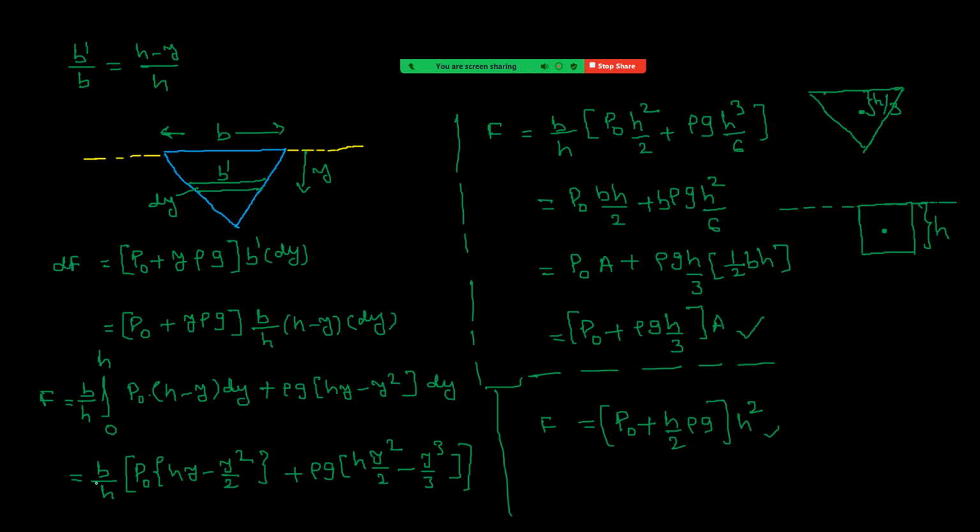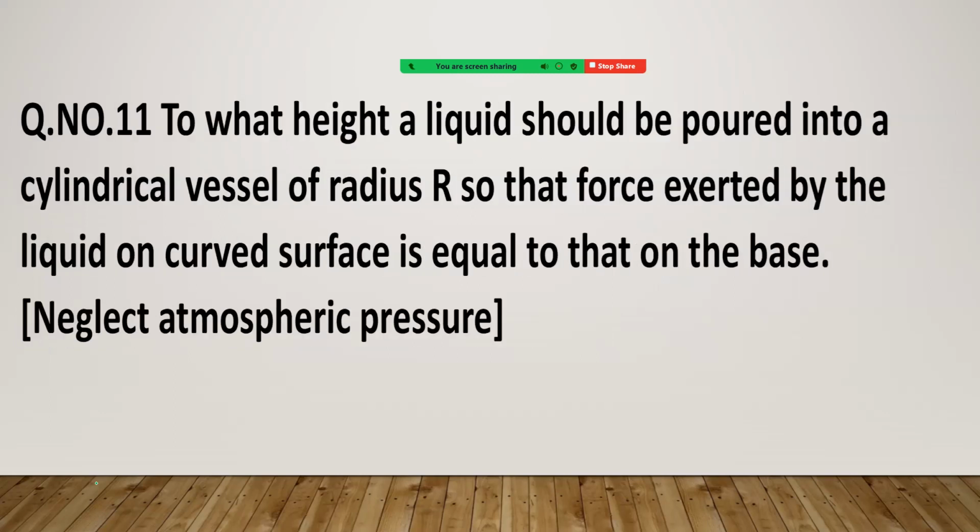Let us now focus on the next problem. Let's see the question given. To what height a liquid should be poured into a cylindrical vessel of radius r so that the force exerted by the liquid on the curved surface is equal to that on the base, given the condition that we neglect atmospheric pressure.